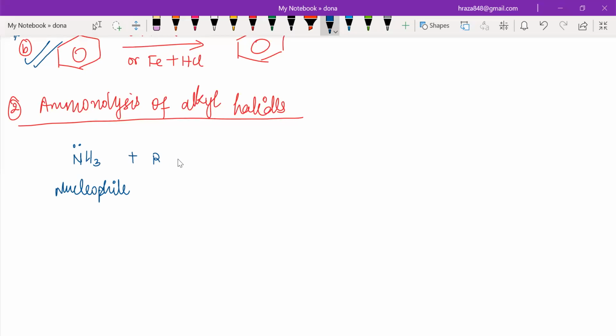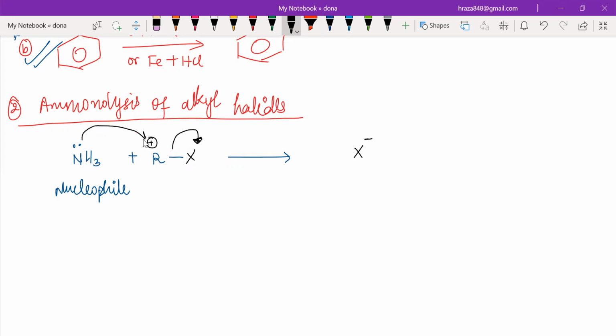If you react this with alkyl halide, see what will happen. This is RX, I just wrote it wrong. This is your X, which is a more electronegative element. So it will withdraw or take electron from R and it comes out to be X negative. And now there will be a positive sign.